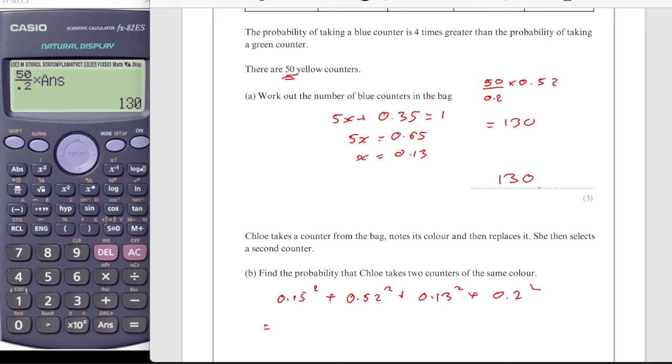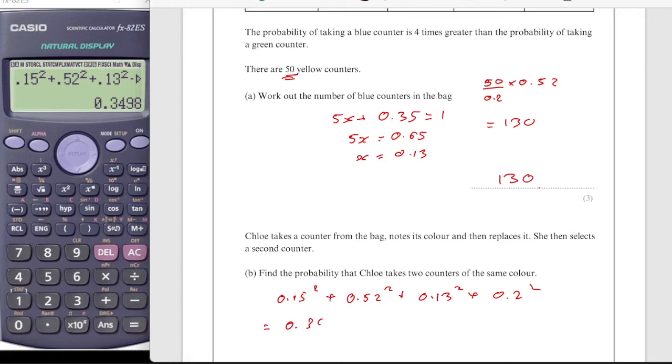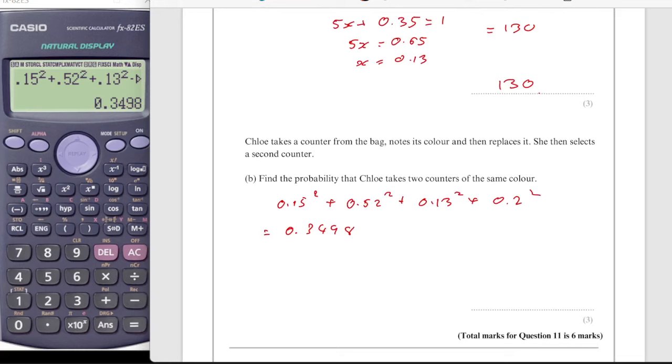So if we type that in like that, that should give me, as a decimal, 0.3498. It doesn't say anything about rounding. It's not a ridiculous answer to round, but we'll go for that.